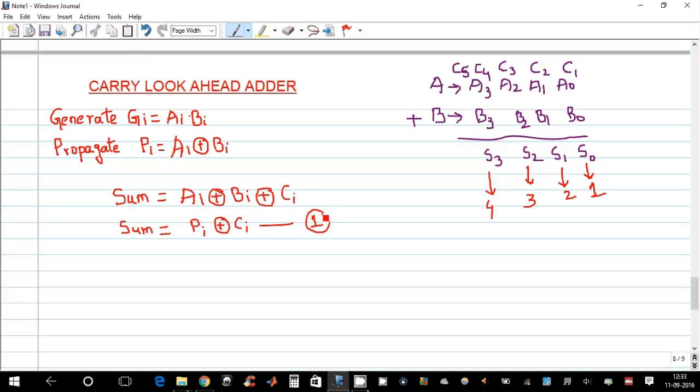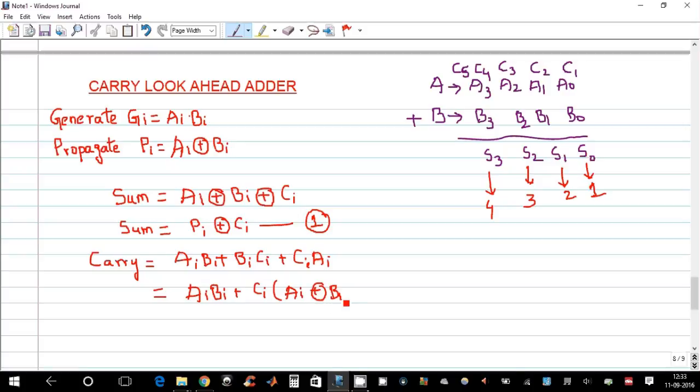Let us denote this to be equation number 1, and similarly for the carry expression of the full adder, which is equal to ai bi plus bi ci plus ci ai, that is equal to ai bi plus ci into ai XORed with bi. This we have previously derived.